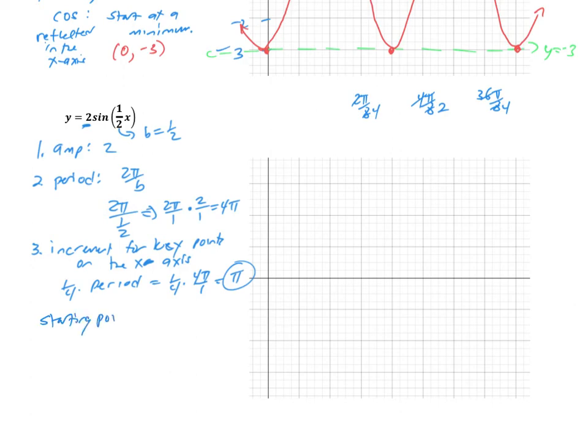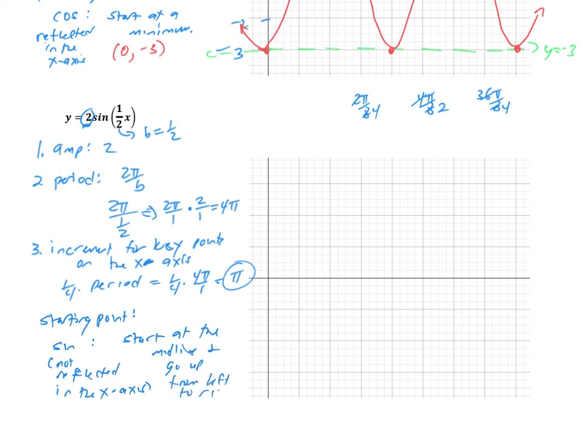So the starting point, this is a sine, and it's not reflected in the x-axis because a is positive, right? It's not a negative value. So this means it's going to start at the midline and go up from left to right as we pass through that point.